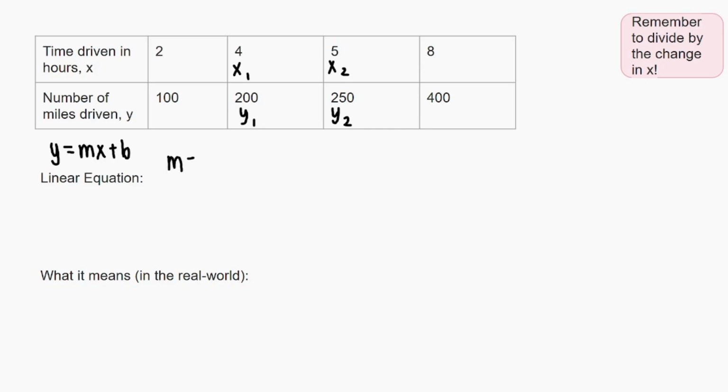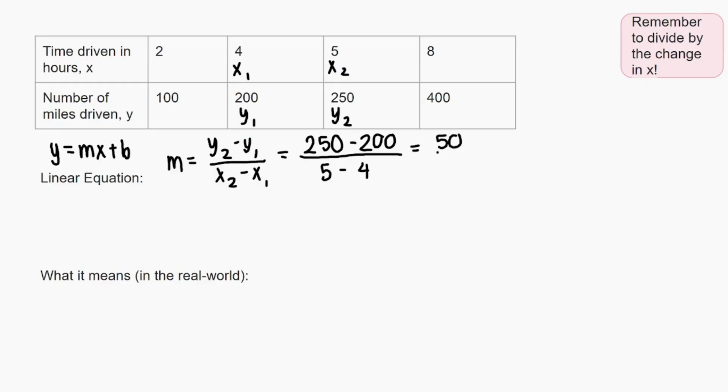To do that, we're going to do m equals y2 minus y1 divided by x2 minus x1, which gives us 250 minus 200 divided by 5 minus 4, which gives us 50 divided by 1, which is 50. So the slope of the line is going to be 50.